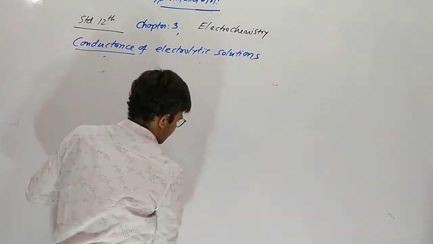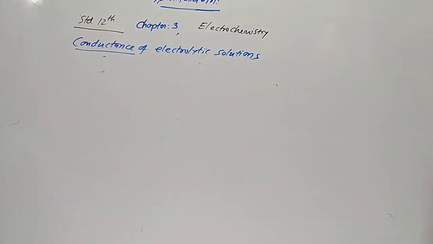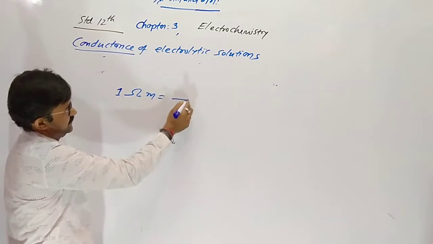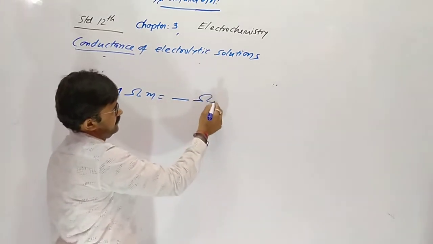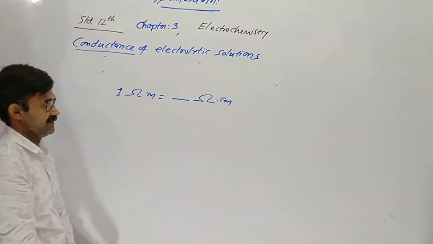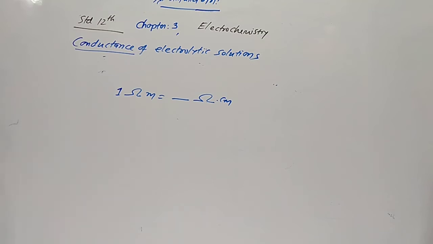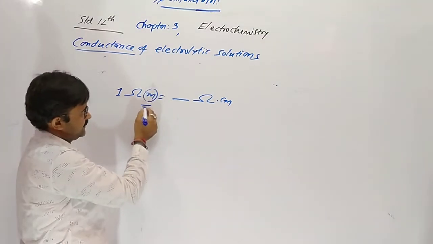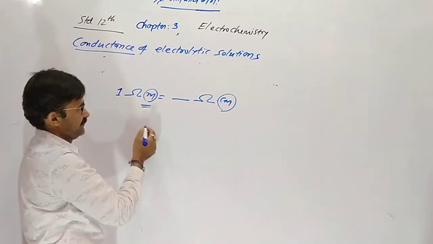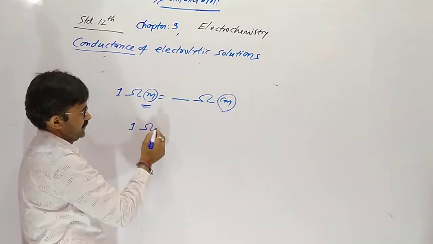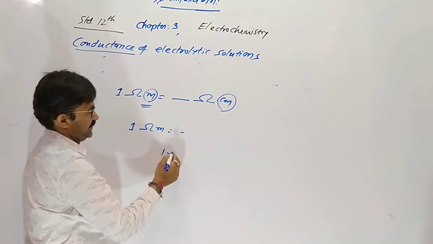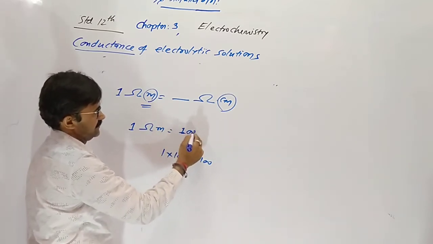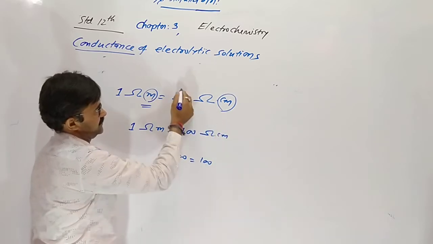Now some relations. 1 ohm into meter is equal to how much ohm into centimeter? Tell me. Here we have to convert meter into centimeter, so we multiply by 100. So it will be 100 ohm into centimeter.